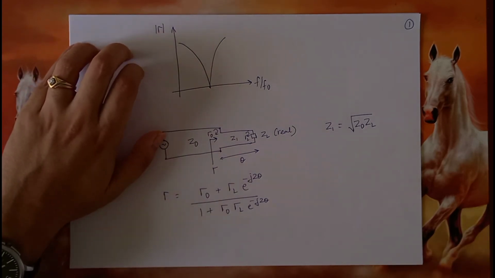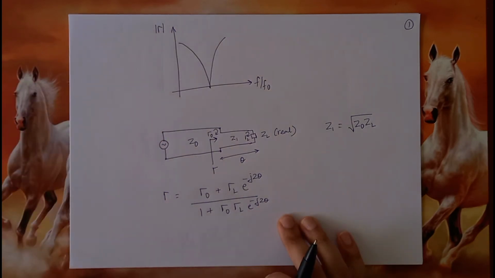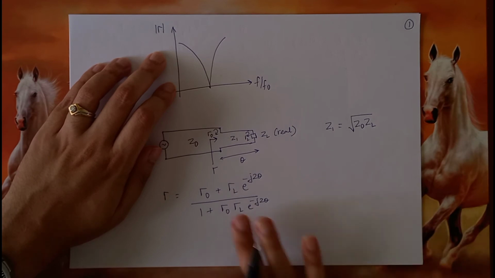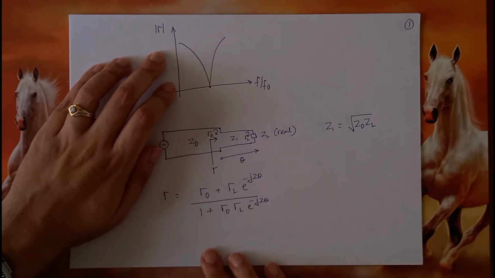So what we saw was ultimately we are interested to make this gamma equal to 0 as much as possible. So therefore our focus should be on the numerator more than the denominator. Is there any way in which we can make the denominator a lot more simple?